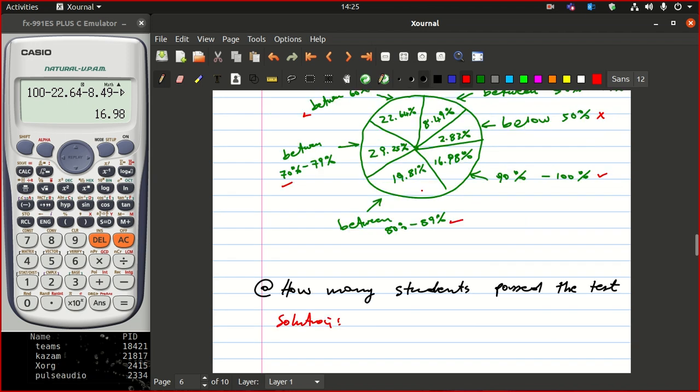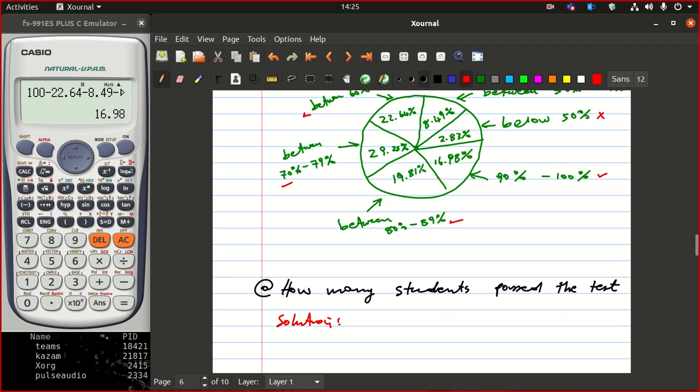So the first thing you need to do: what is the total percentage of students who passed the test? The total is going to be this percentage plus that percentage plus that percentage plus that percentage, because all these percentages are the percentages of students who got above 50%.